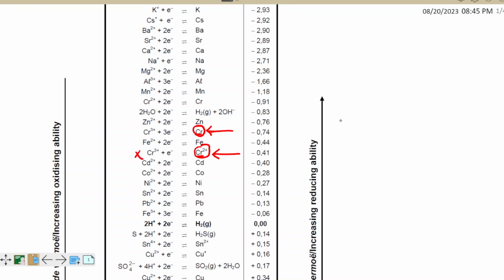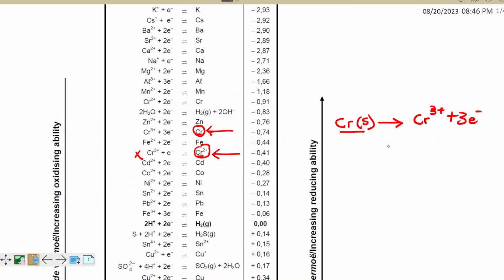So if you look at the ratio here, the chromium in solid form is oxidized to become Cr3+. What is the ratio between the chromium and the electron? That is the first question that you want to look at.